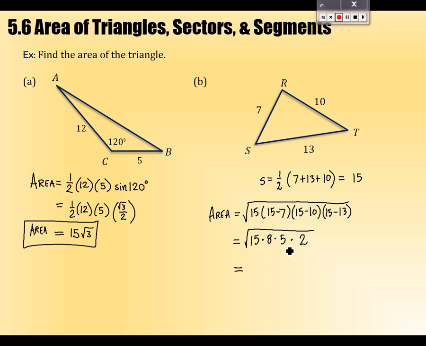Do you see a 4 squared too? Then the only thing left is a 3. So I think we can write down 20 root 3. You like that? If you wrote square root of 1200, that's also fine. Either one is a fine answer.